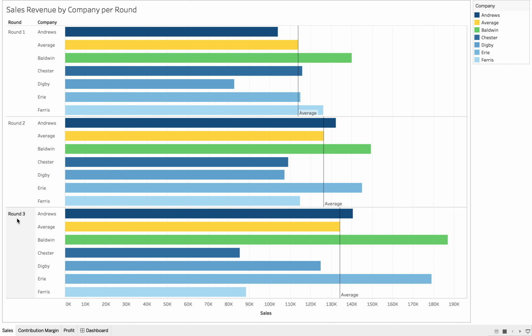And so for us, Baldwin, you can see in round one we had the most sales and had the most sales revenue. So that was obviously a very good start for us, and that trend continued in actually the first three rounds and most of the rounds thereafter.